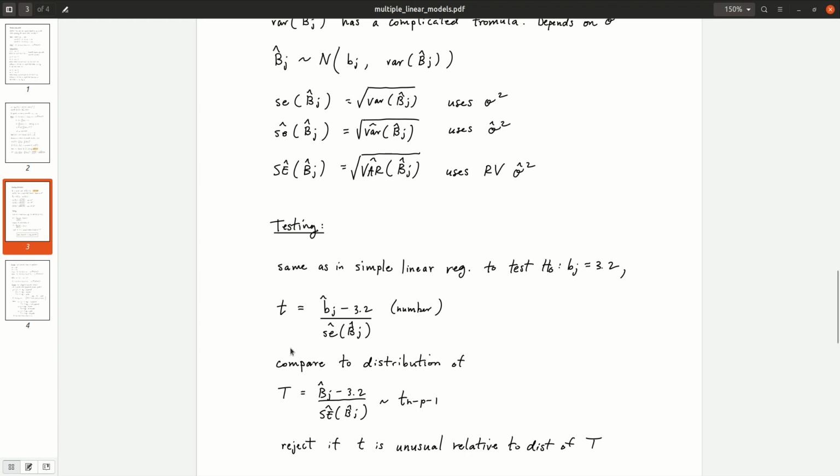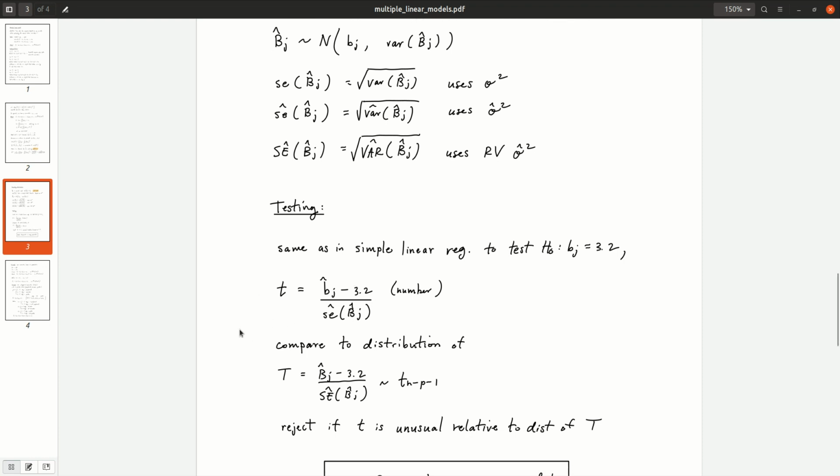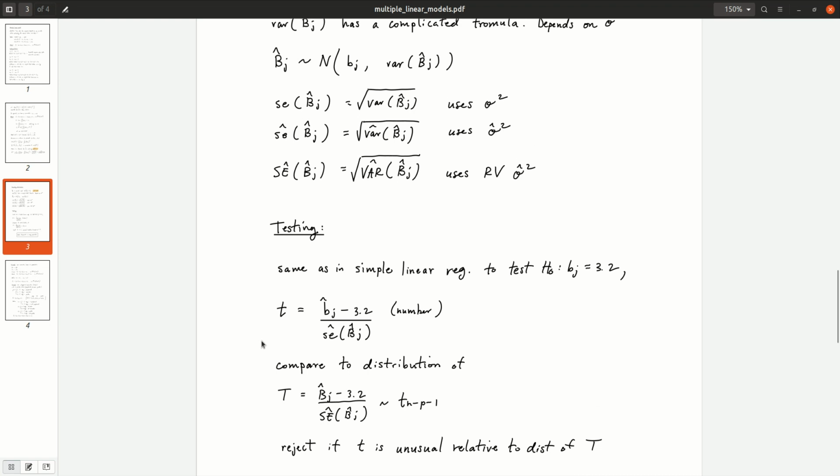So this again is going to be a number. This is something we can calculate in R. In this class, we're just going to use the lm function to give us these numbers. And we're going to compare this statistic, which is a number, to the distribution corresponding to the random variable version of that statistic.